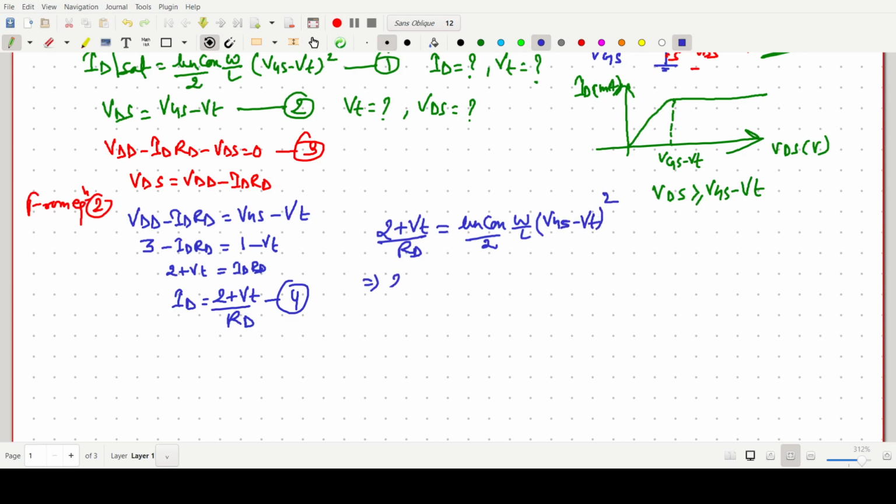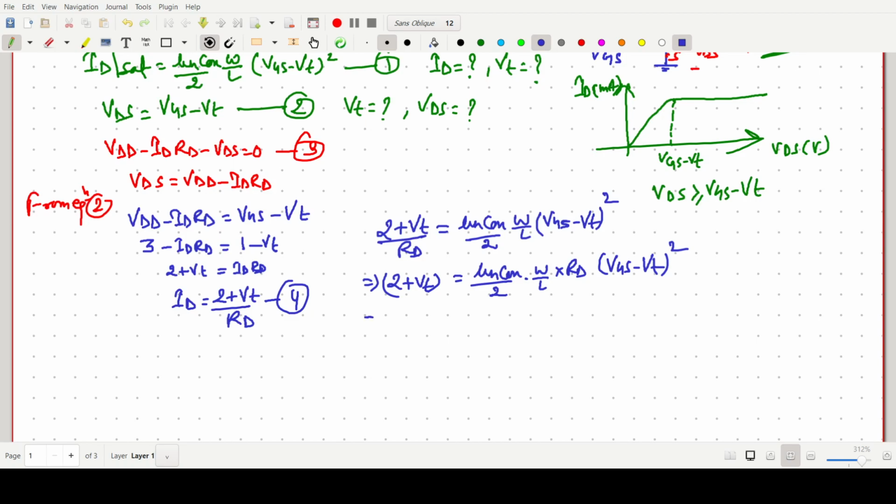Now again we can write 2 plus Vt equals mu n Cox W by L into Rd by 2 into (VGS minus Vt) whole square.